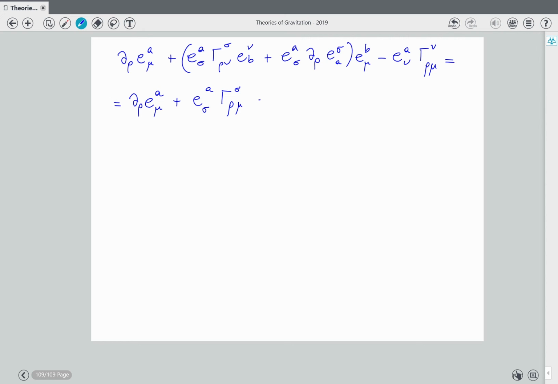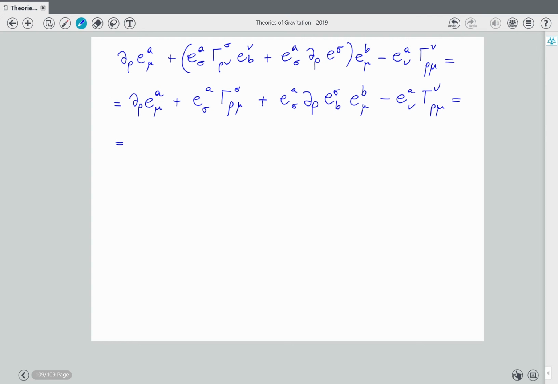The other one is, we copy it, EA sigma partial rho E sigma A E B mu. Here there is a B. This is a B. Minus E A nu gamma nu rho mu.